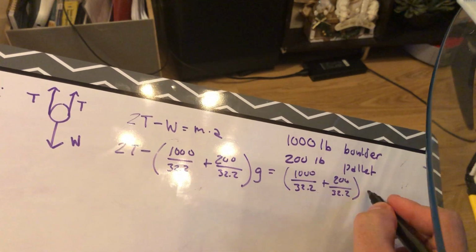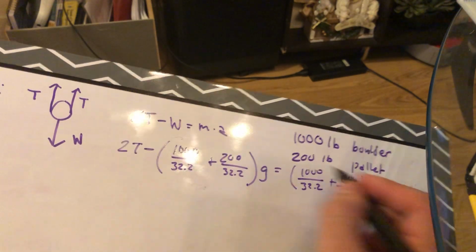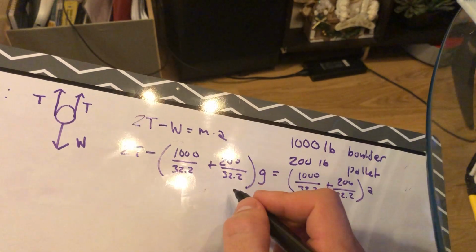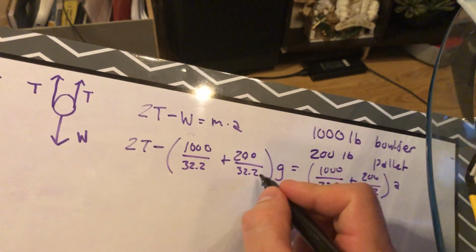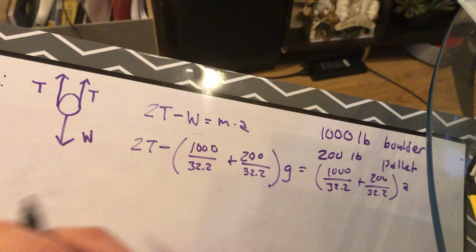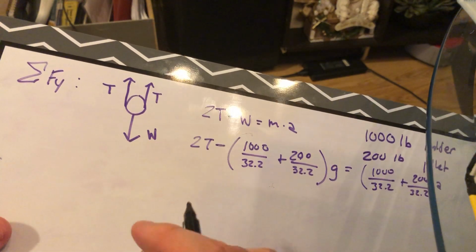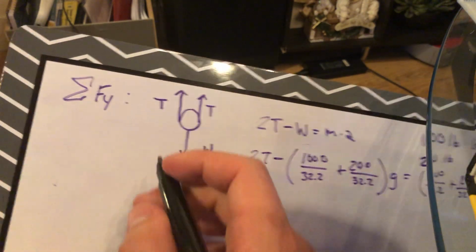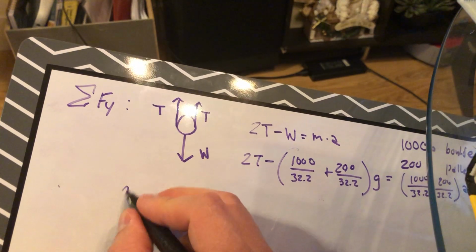Did I say times? I meant divide by. Because a pound force is not a mass. We need pound mass. So we divide by g sub c. Because we're crazy and we like to use imperial units.